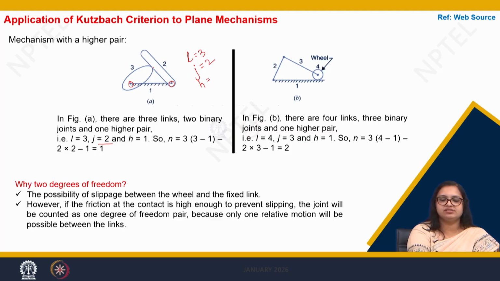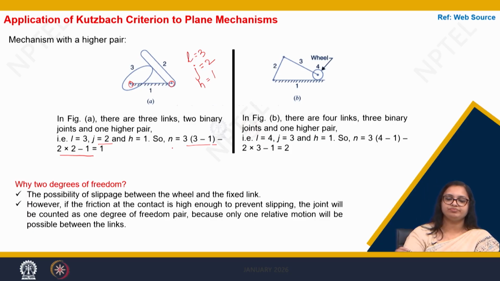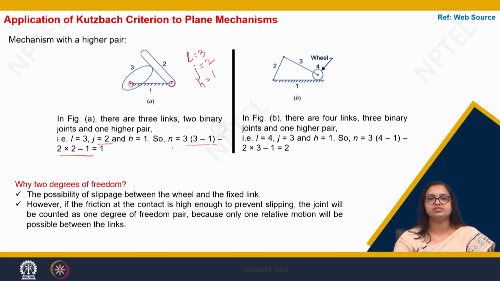Here it is a line contact that we see between 2 and 3. So our equation for degrees of freedom comes down to something like this, which gives you a degrees of freedom of 1. So it is not always that when there is a 3-bar mechanism, it is a structure. In certain cases where there are higher pairs, there can be degrees of freedom, as you can see in the case of power supports in underground machineries.